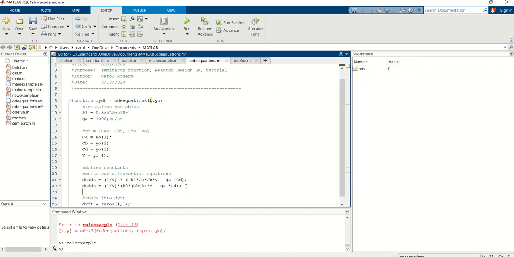If I were to continue and do dCB dt equals, that's totally fine. We're allowed to do that. But just to make things easier on myself later on, I'm going to write the equations in the order that I'm going to store them. And that's another thing with good programming practice. Always make things very readable for yourself and anybody else who looks at your code.